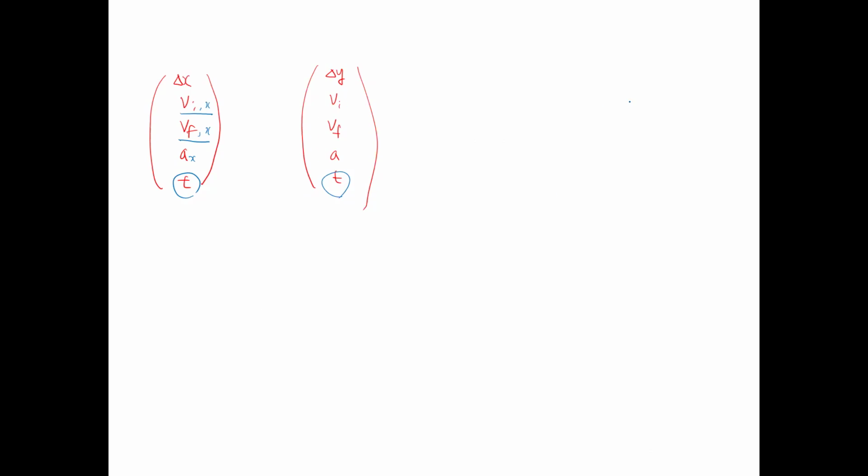So in other words, this is v initial, y. This is v final, y. This is a, y. So the principle is the same. You will be given 3 of these 5 values, and then finding the other 2 is your homework, right?